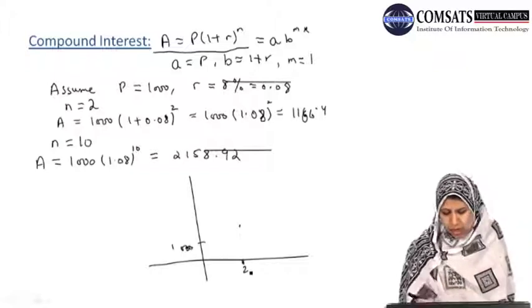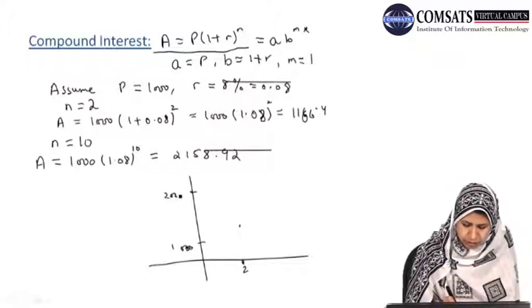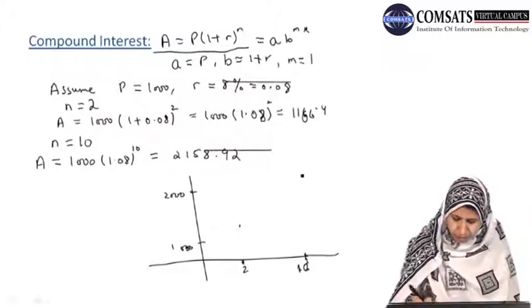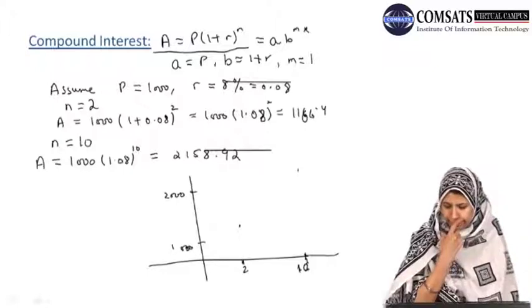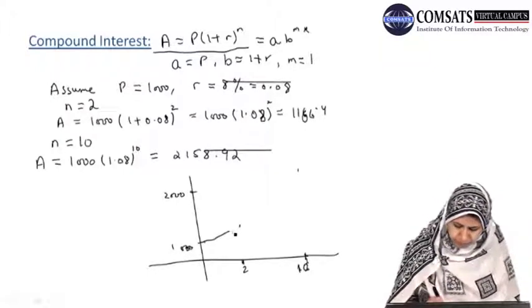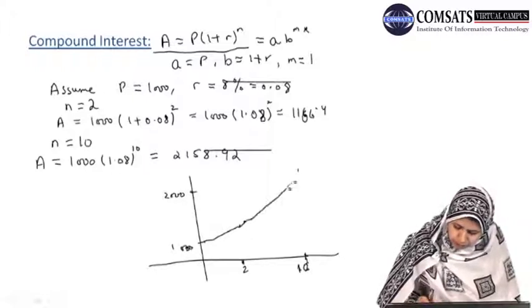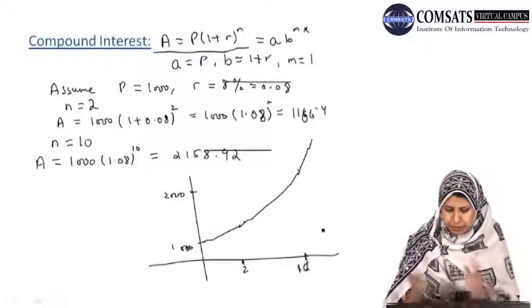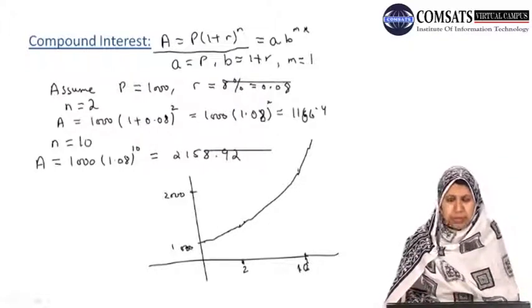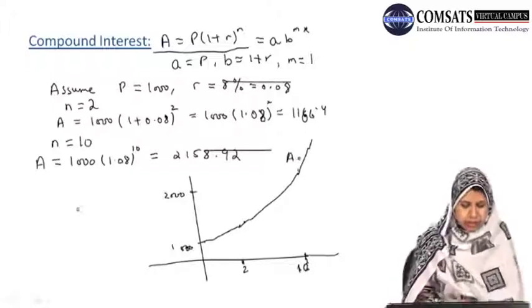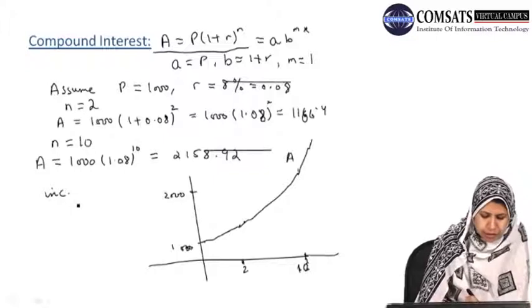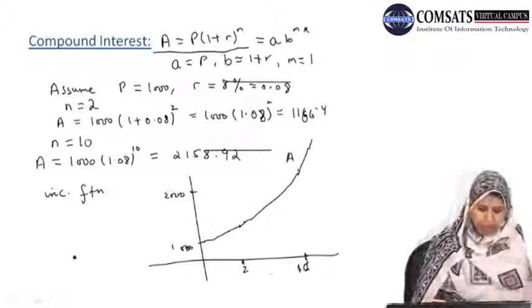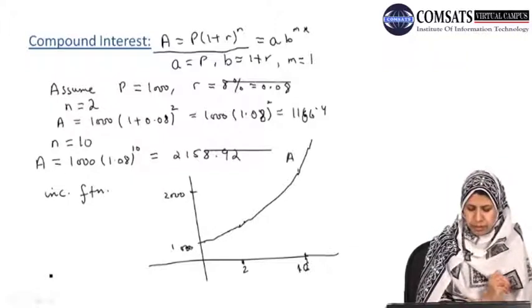After 10 years, if it is 2000, the amount is somewhat like this, and we will connect these dots to obtain the graph, which is like this. This means that in this case the graph is an exponential function, and the function is an increasing function.